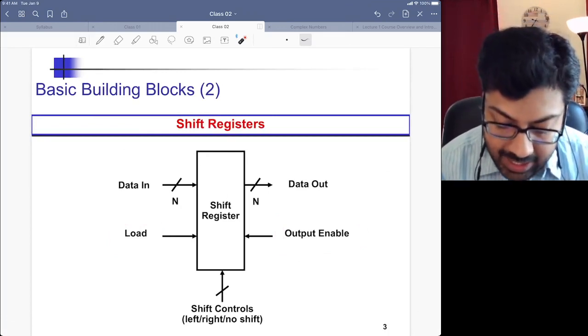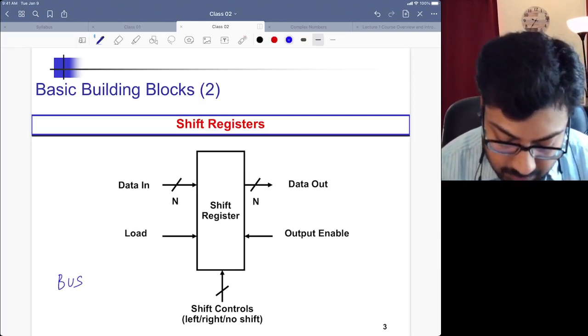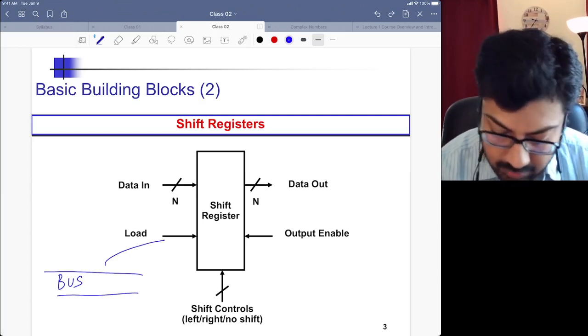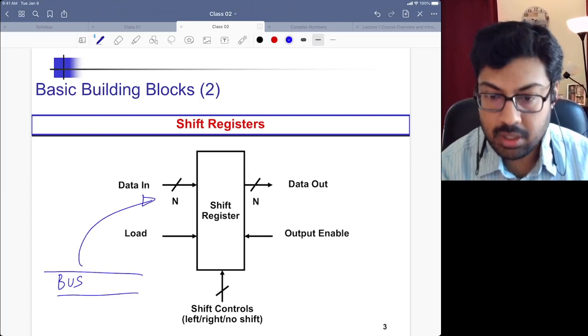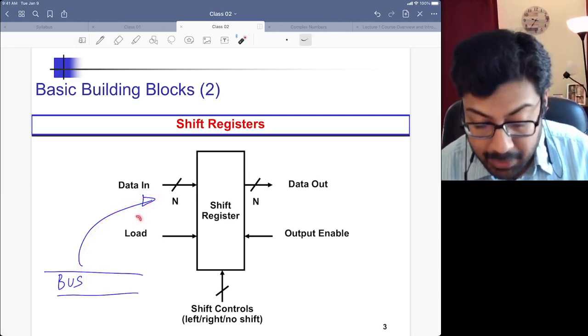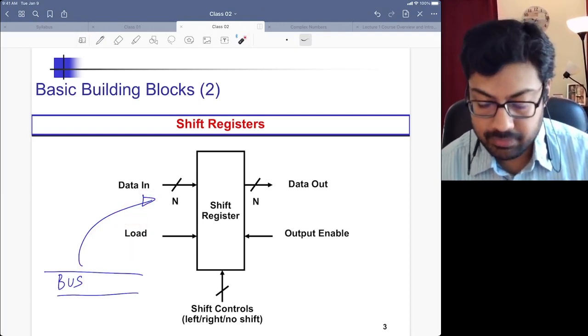When you are moving data from a bus to a register, you are essentially reading it, right? So you can have multiple load signals active at any given time.